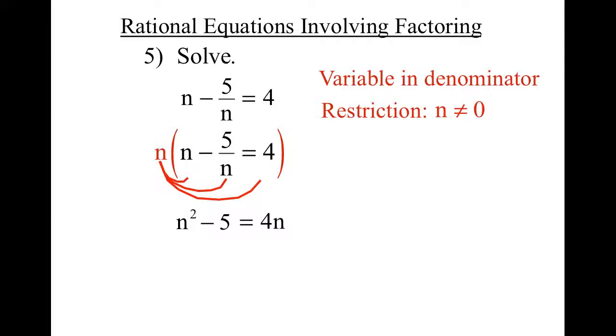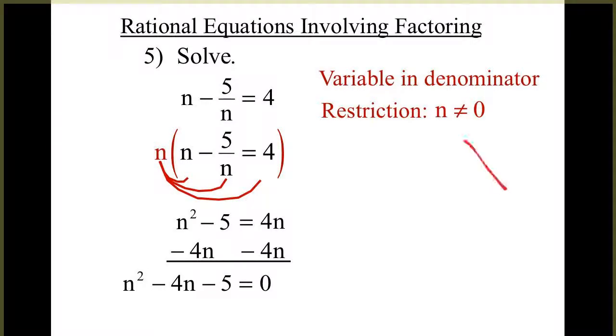Now, I've got something that looks somewhat familiar, it looks like it might be a trinomial, only I have to set it equal to 0. So I subtract the 4n from both sides, and I set it into trinomial form, descending form. So n squared minus 4n minus 5.